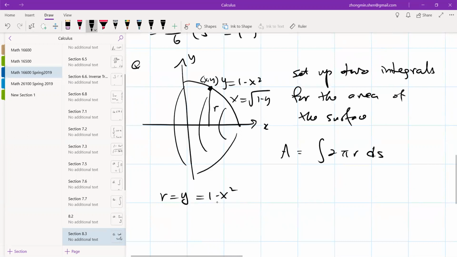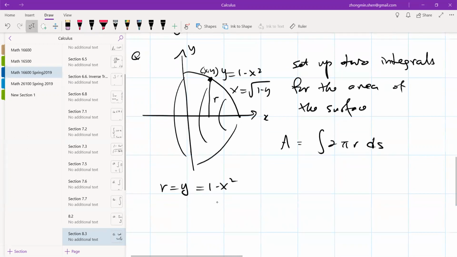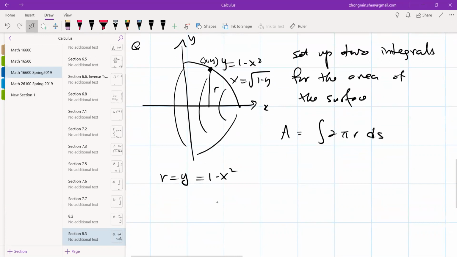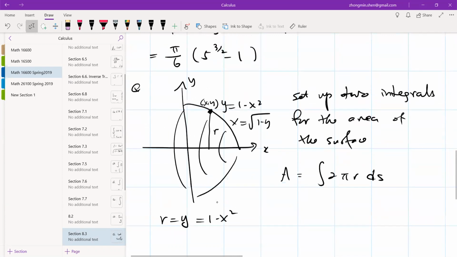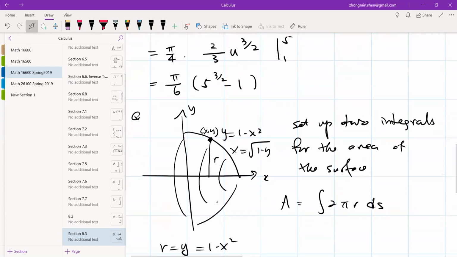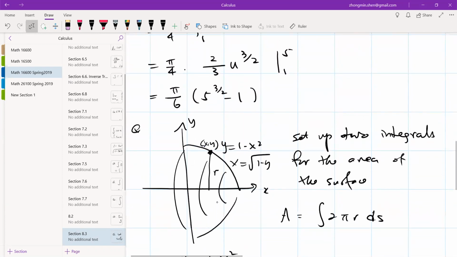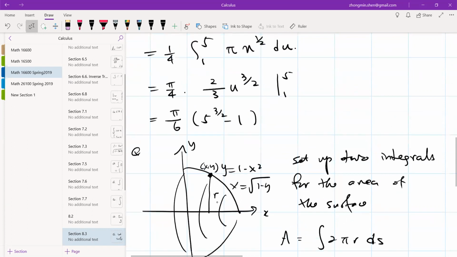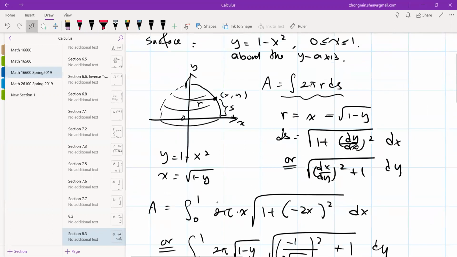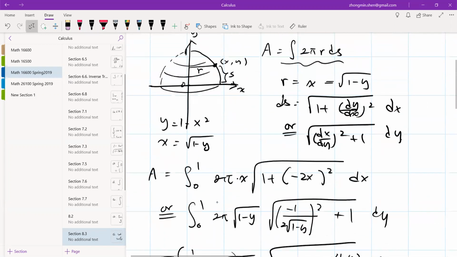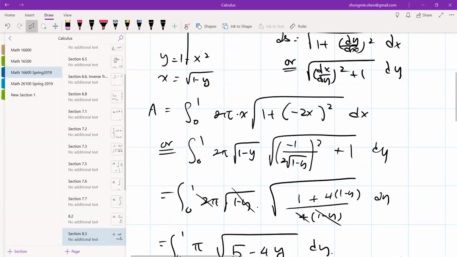So I have to change it to the x variable or change it to the y variable. The ds is still the same. These two pictures, this one and the one above, ds is identical. It's the same ds because it's the same curve. The only difference between the two pictures, the one on the top and the one on the bottom, is the radius r.